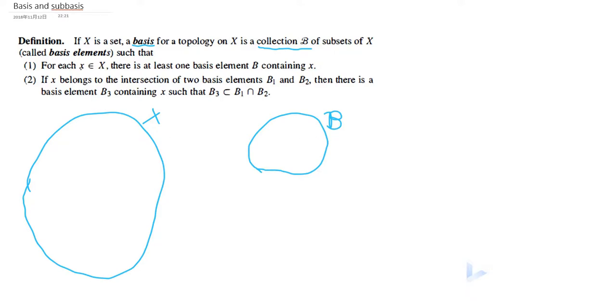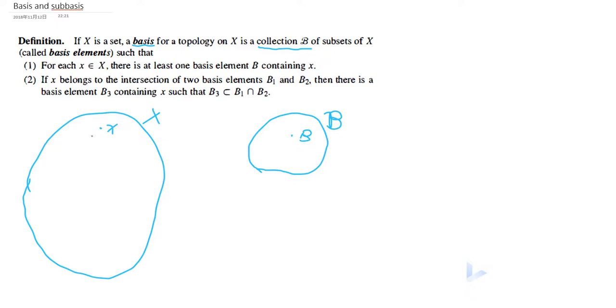Then for any element of X, we call it x. For any element, we can find at least one basis element B from this collection, the B here. And this B should be a subset of X containing this point x.